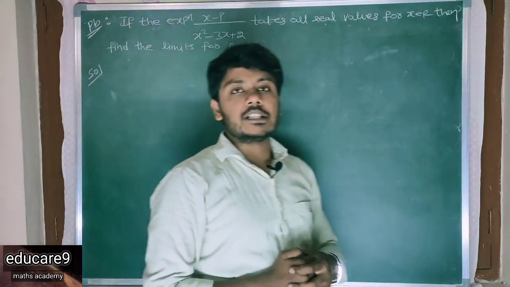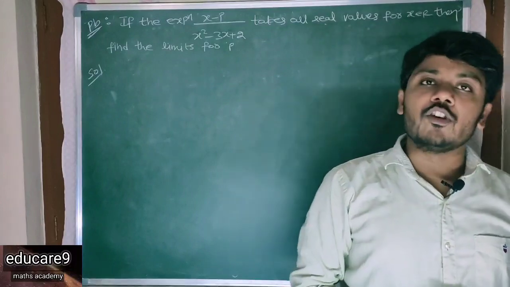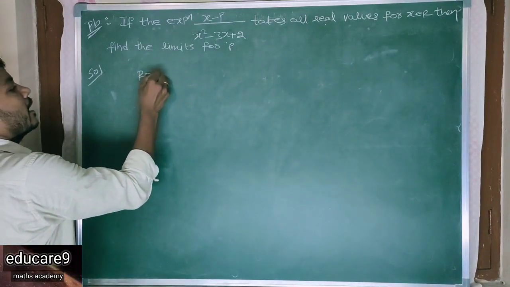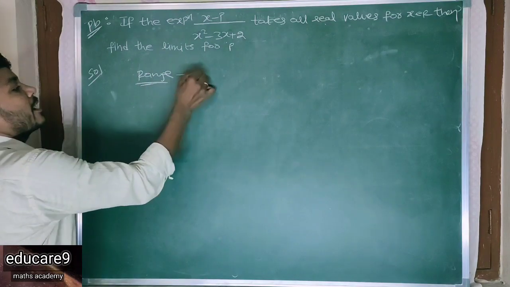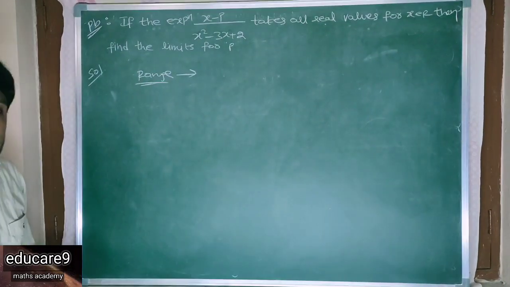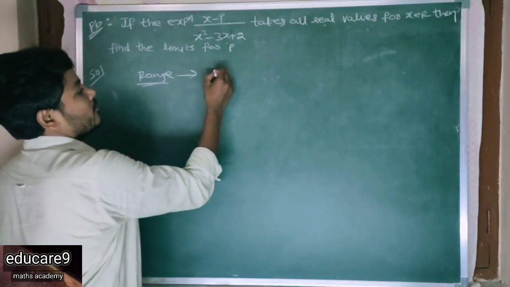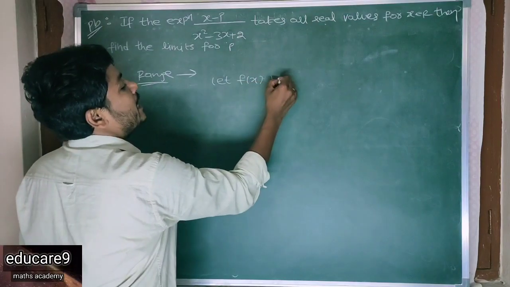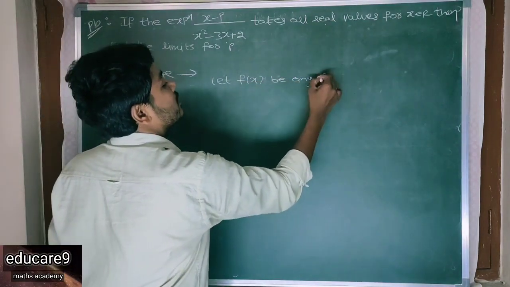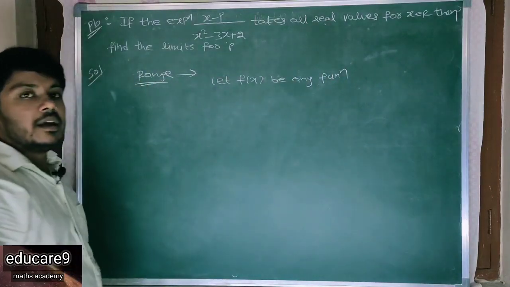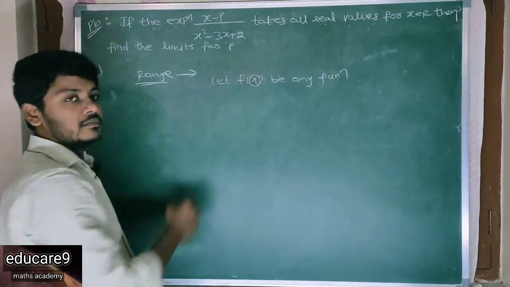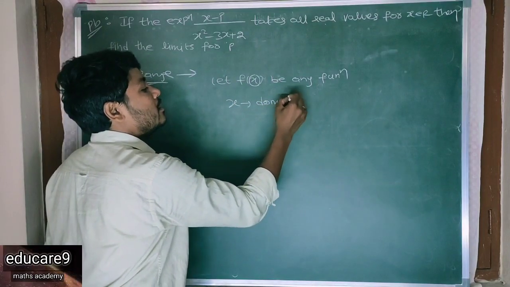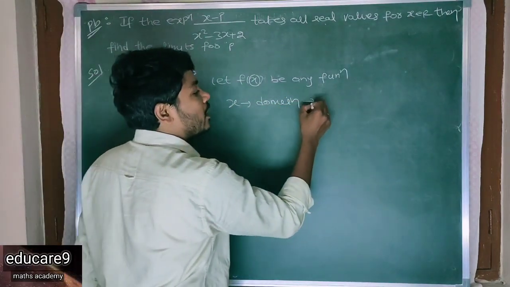So next we will discuss the range problems. Before that, what is the range? Range means the set of all images. For example, let f of x be any function and x is called the domain. So x is the domain, these are the input values.